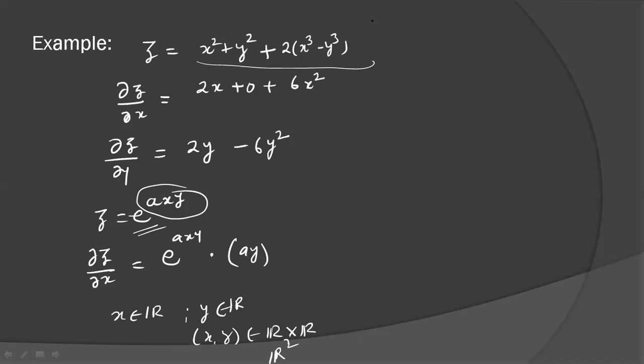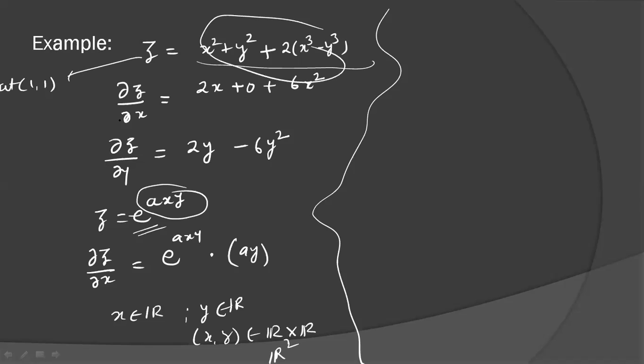The only concern is when we have to apply the limit definition for obtaining the partial derivative. If you are going to find the partial derivative at any point, suppose you want the derivative at 1 comma 1. At 1 comma 1, this function is defined. So you can get the partial derivative very easily. Del z by del x at 1 comma 1 will be 2 plus 6, means that will be 8.